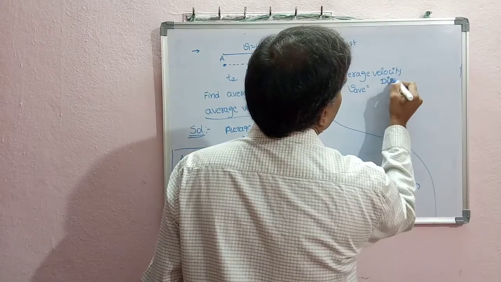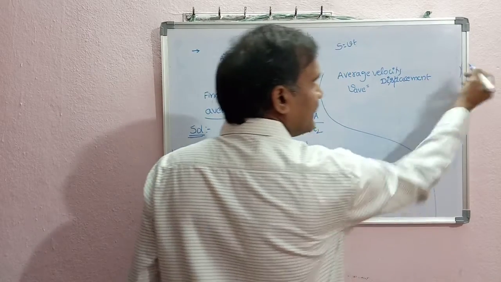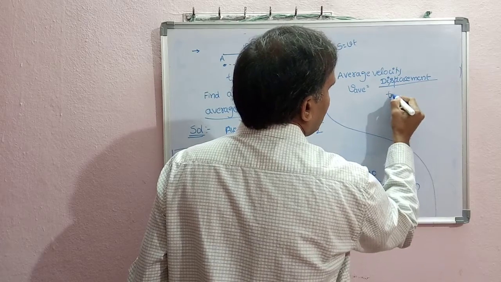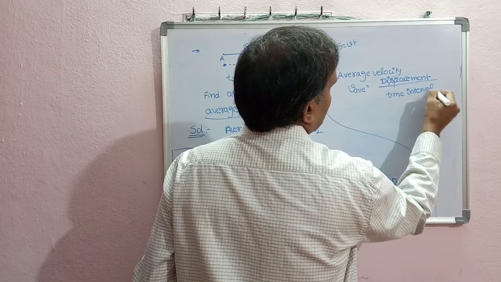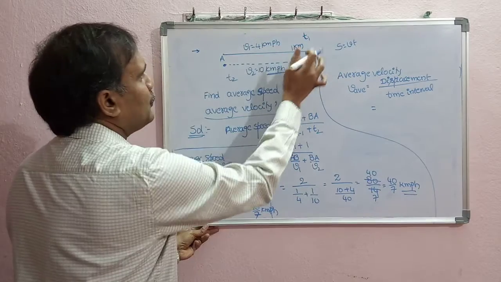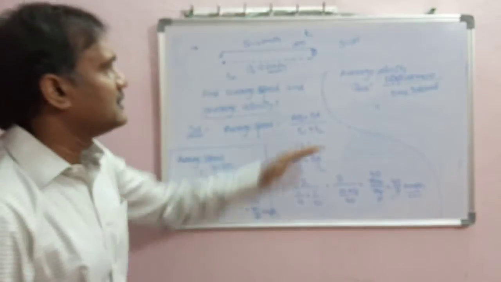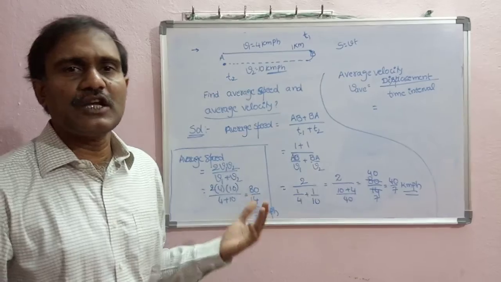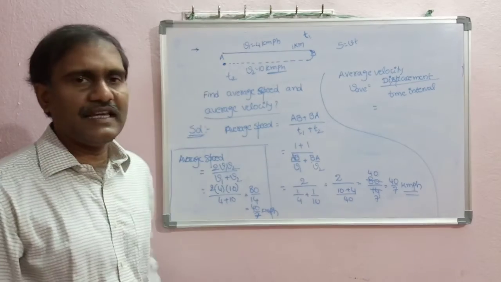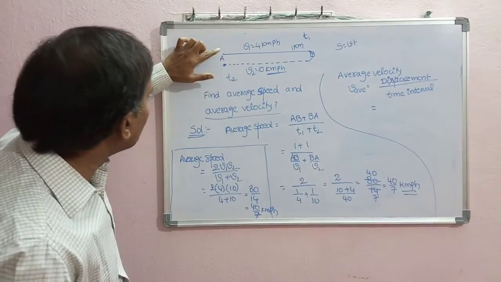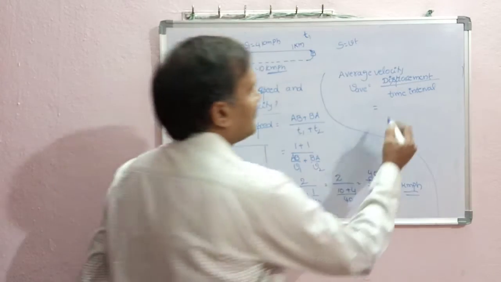Now, displacement traveled by the particle divided by time interval. For this journey A to B, B to A, what is the displacement? Displacement is nothing but final position minus initial position. Here the final position coincides with the initial position.